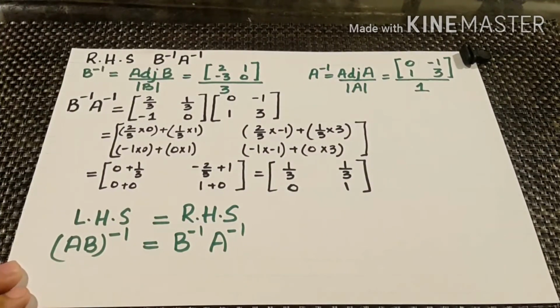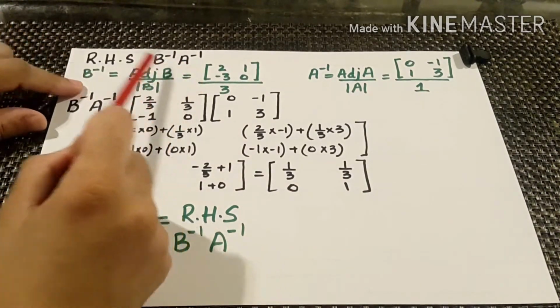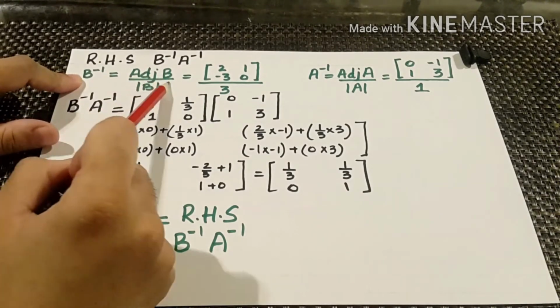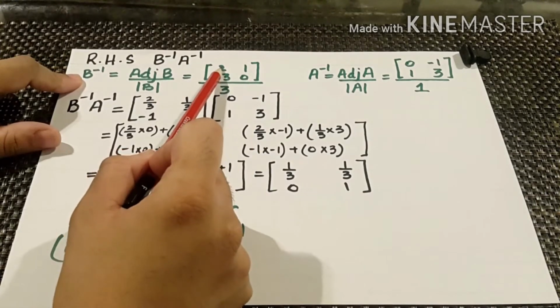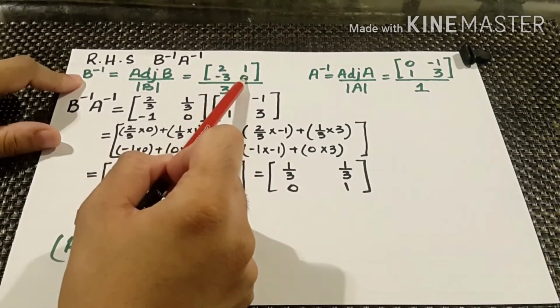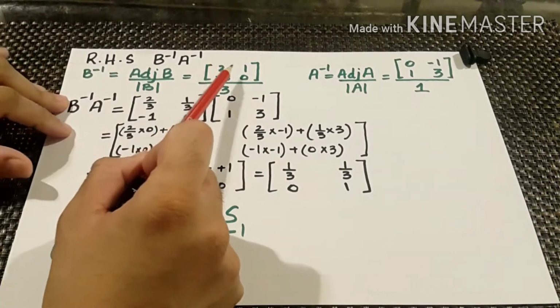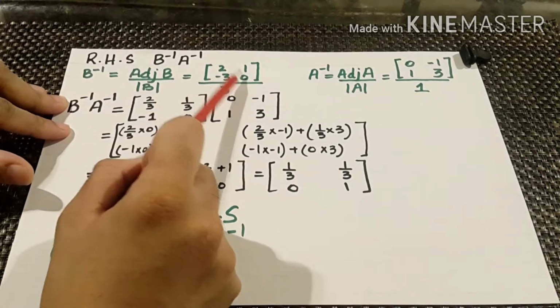Now let's solve the right hand side, that is B inverse into A inverse. For B inverse, we know the formula, adjoint of B divided by determinant of B. Adjoint of B is [2, 1; -3, 0], and you know how to take the adjoint: you change the sign of these values and you interchange these values.